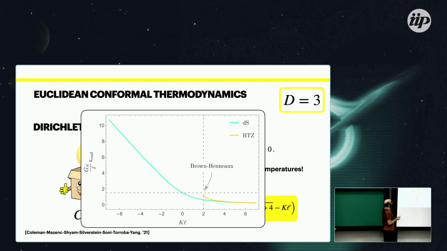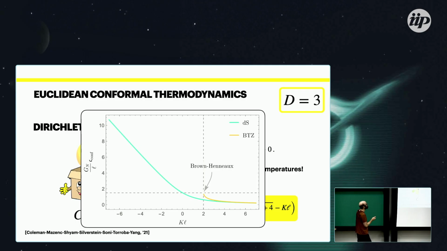And if you consider the same for the BTZ black hole, you will see this yellow line over here that will go from infinity, that is when the boundary is very close to the black hole horizon, and it will come to the Brown-Henneaux value when KL is equal to 2. That is the asymptotic value of the trace of the extrinsic curvature at the conformal boundary of AdS3. Okay? So this is the result.